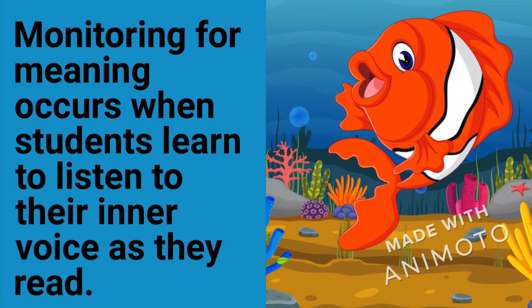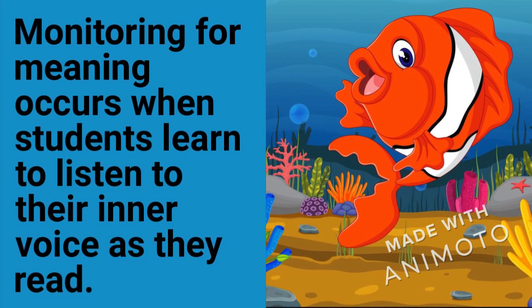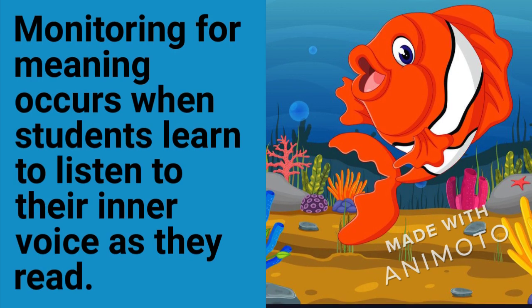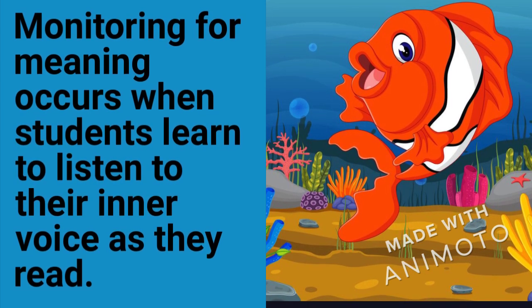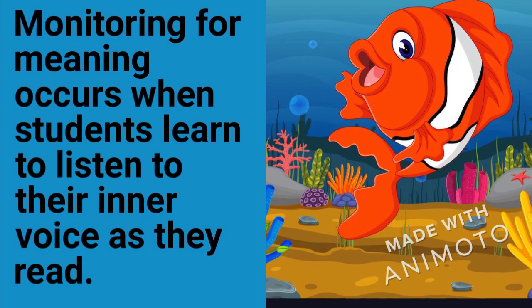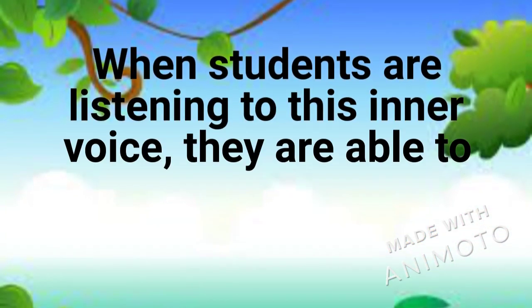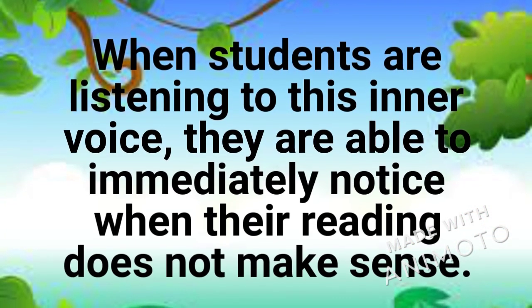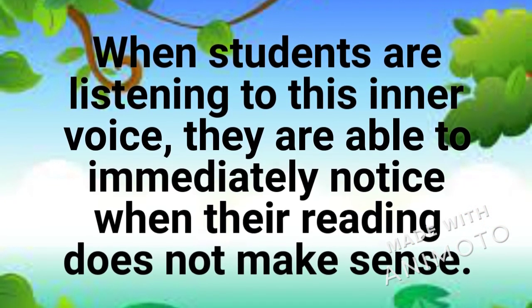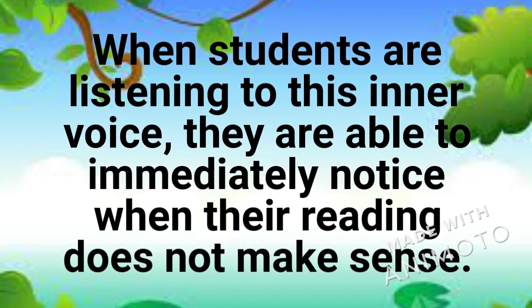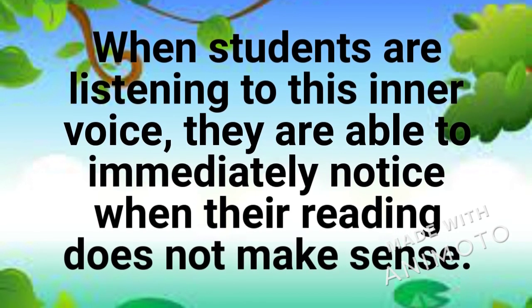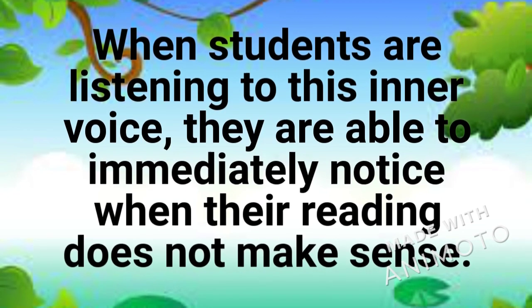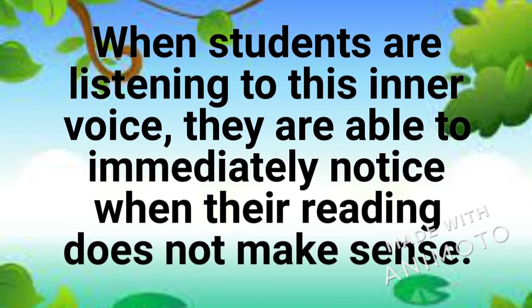Monitoring for meaning occurs when students learn to listen to their inner voice as they read. When students are listening to this inner voice, they are able to immediately notice when their reading does not make sense.